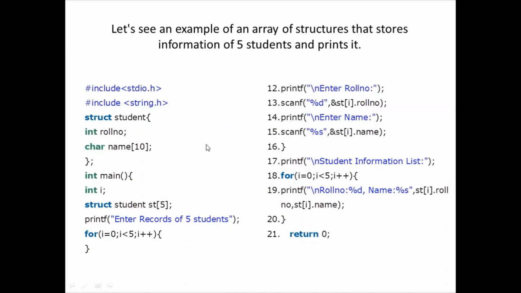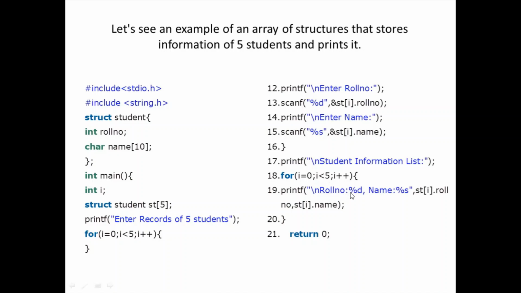We are going to repeat this process until we read the 5 students' information. After reading the 5 students' information, we are going to print the information about the list. So I'm going to print the roll number and his name.